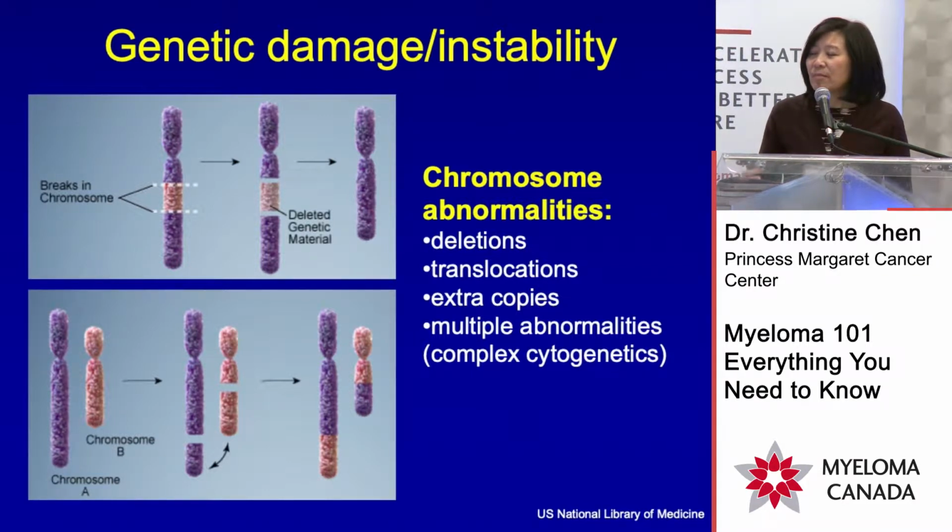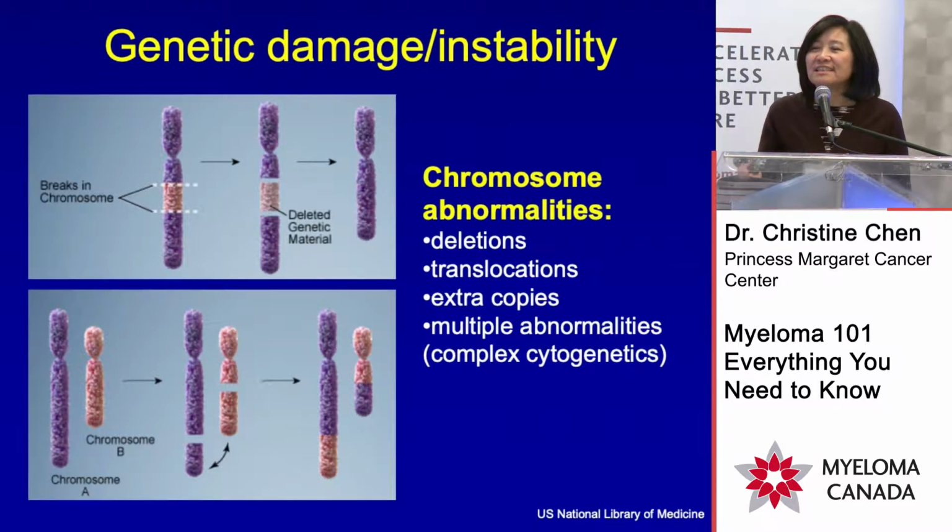If you look at the top figure here, that's an example of a deletion. You know that we all have 23 pairs of chromosomes that carry all of your genetic material. So if one chromosome in the top figure is missing a section, then that's called a deletion. And that deletion may carry some gene that's important, say in suppressing tumor growth.